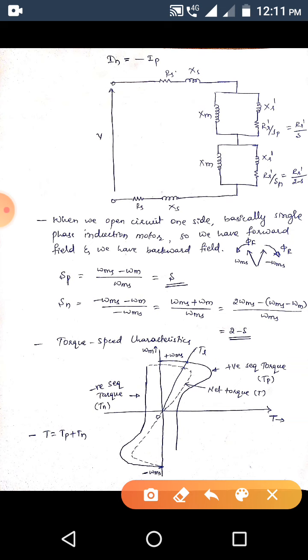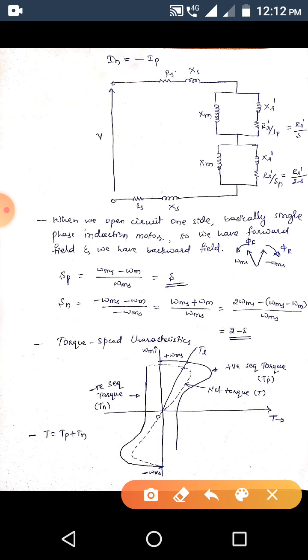So we have the resistance here, we have the reactance. Here we have two windings: one is the positive sequence winding and the other the negative sequence winding. So let us draw both of the windings. Then we have the reactance with the resistance, connected with, let us say, the positive sequence winding.